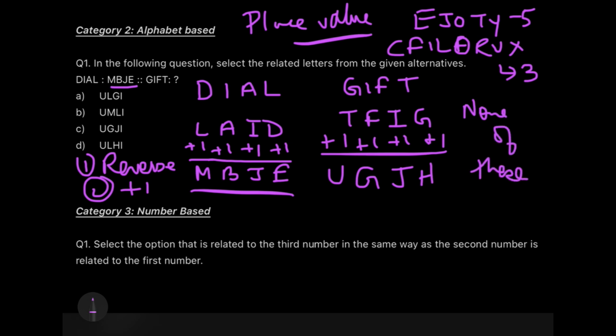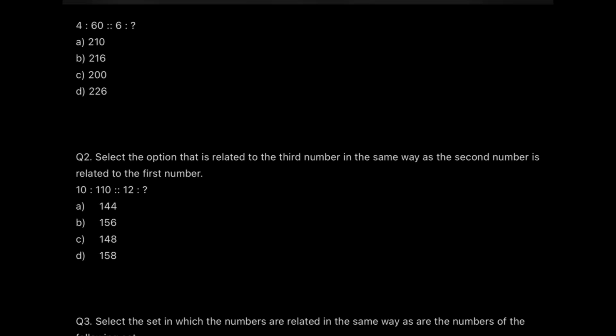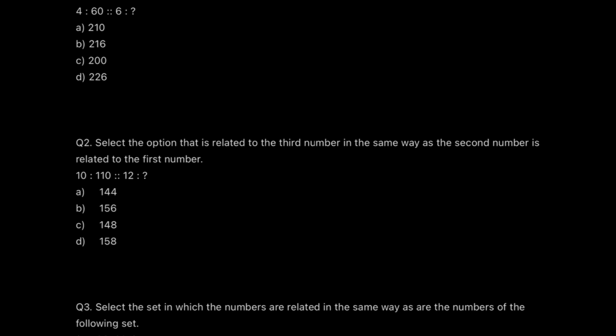All right. Now, moving next, category number 3. Category number 3 is number based questions. Now, this is again a very frequently asked pattern, where we have to figure out what is the relation between the numbers. And here we see 4 and 60, the direct relation which we can think of.